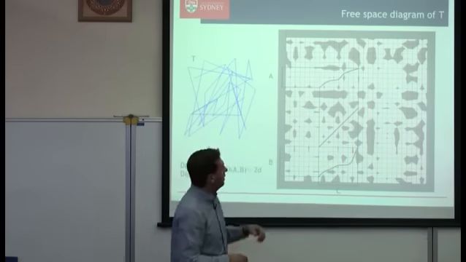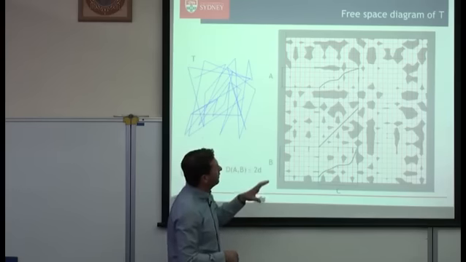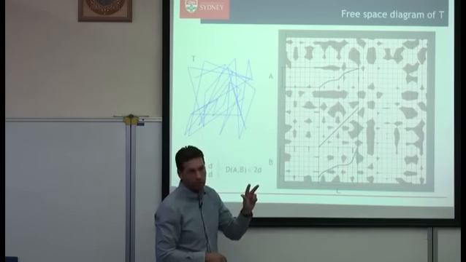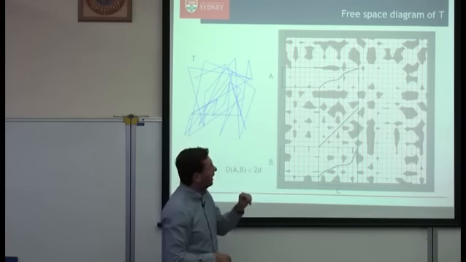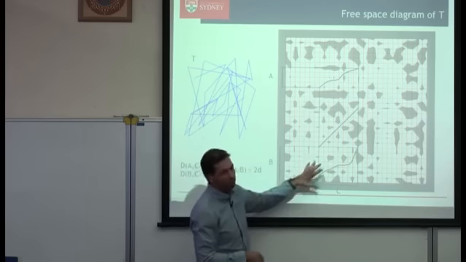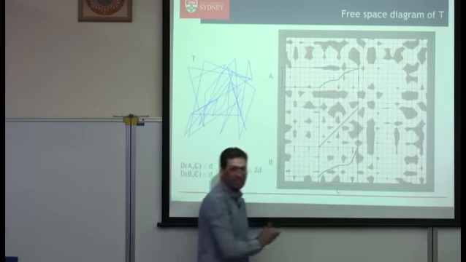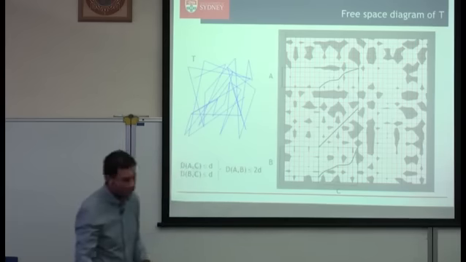Our cluster should have three subcurves, right? And if the Frechet distance is at most 2R, and this is long enough, then it's a cluster. Okay?